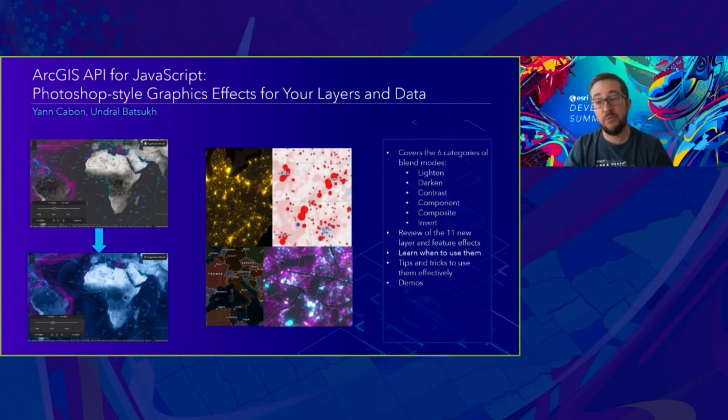Then we talk about the 11 layer effects that you can also apply to features. We give you some tips and tricks for both blend modes and effects, and also lots of demos. So please, check out this session.